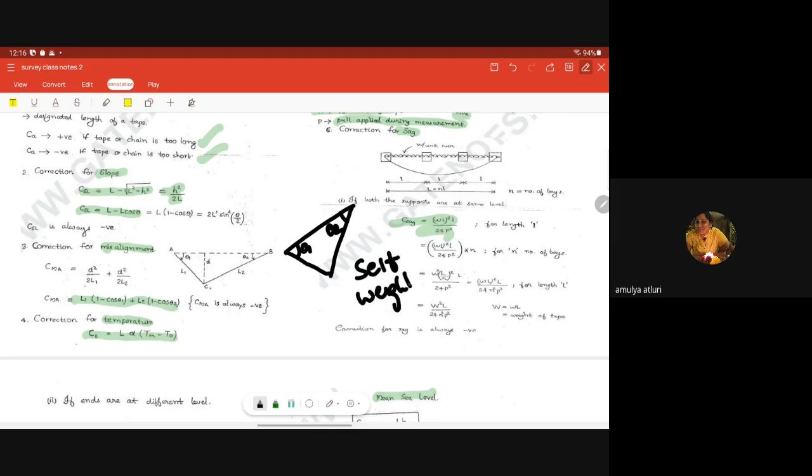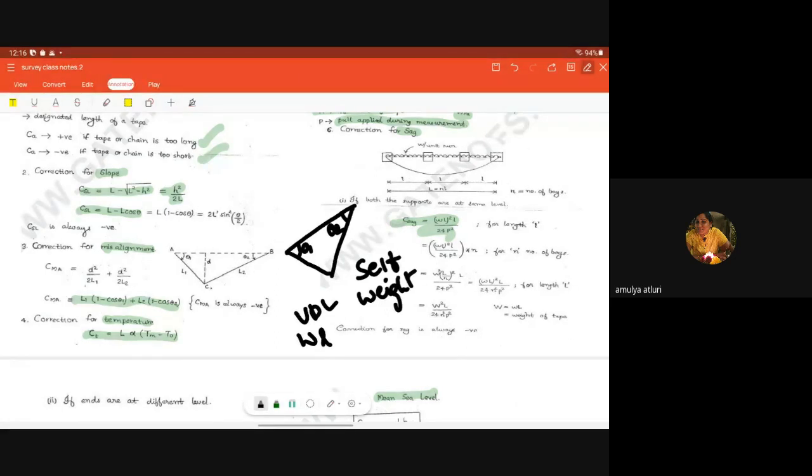Self weight is W, and it is a uniformly distributed load. Hence, it is an UDL. We will consider the whole load as W into L. So WL whole square into L divided by 24 P square. This is your correction for sag.